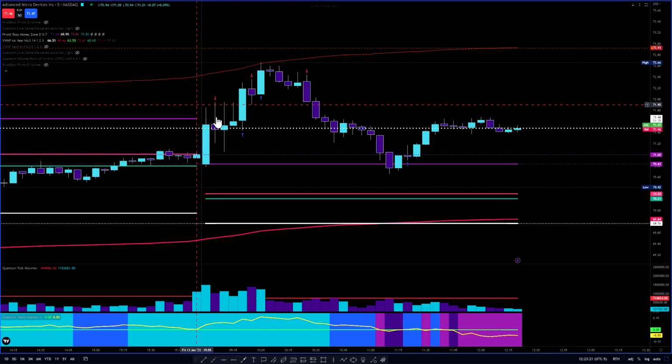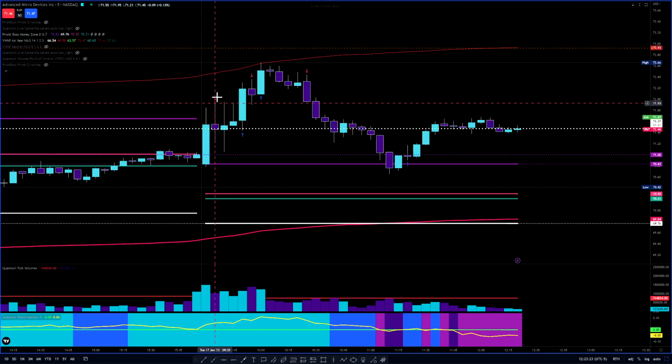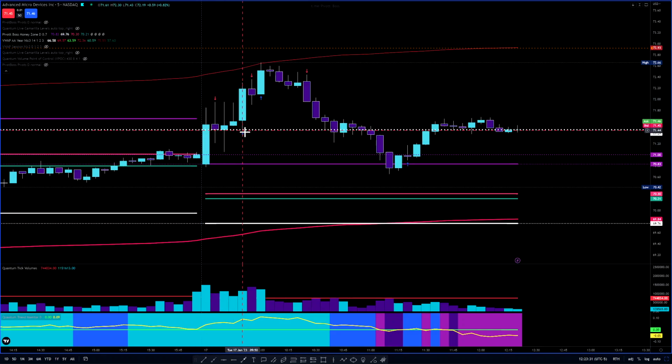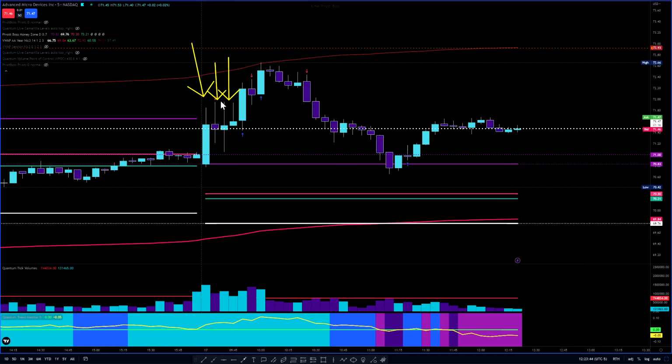we pushed up, right? So at this point here, I went short at 71.30, and I actually had to stop out on this first trade, which was kind of unfortunate, man, because these wicks were demonstrating to me that it's going to be a short, right?